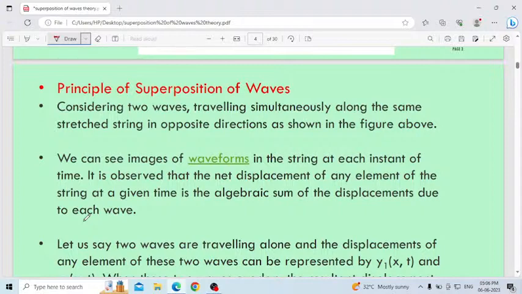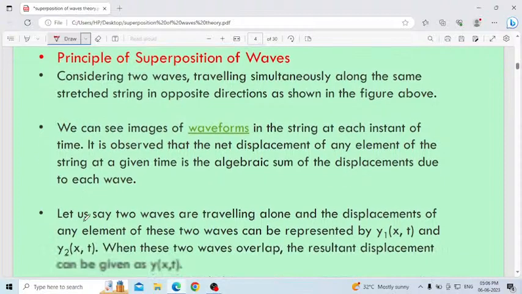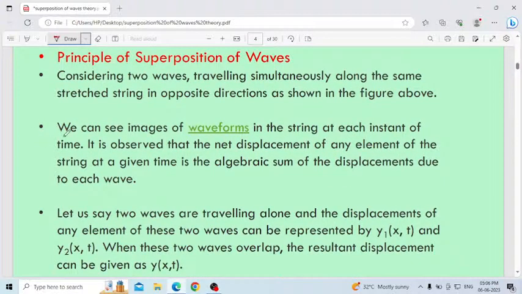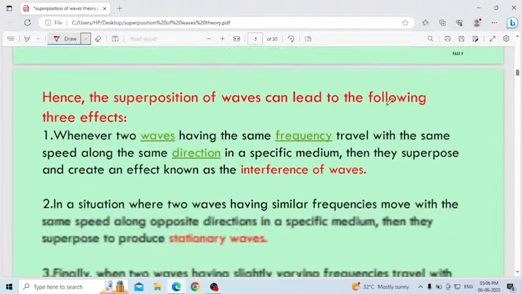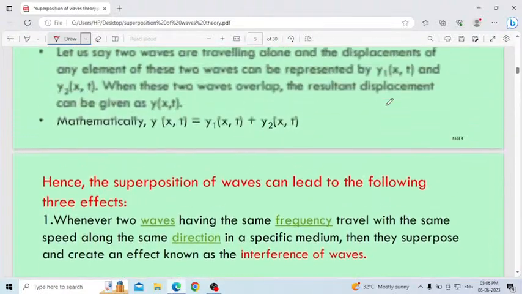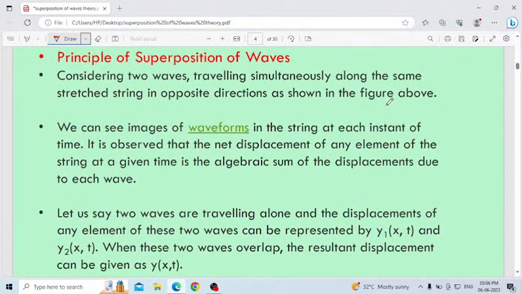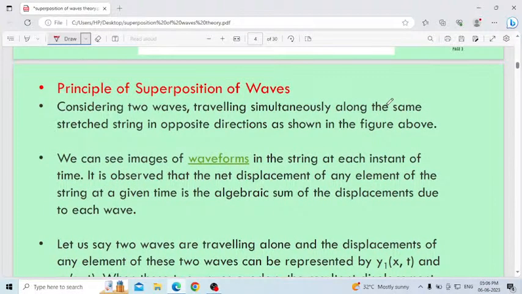Principle of superposition of waves. Consider two waves traveling simultaneously along the same stretched string in opposite directions, as shown in the figure. I already explained that in superposition the waves may travel in the same direction or in the opposite direction.